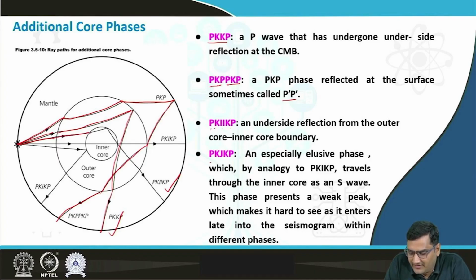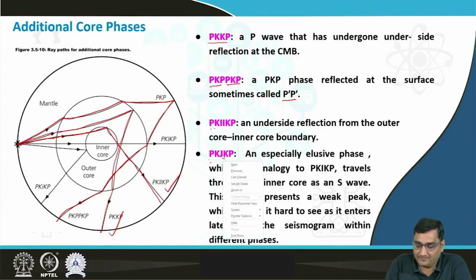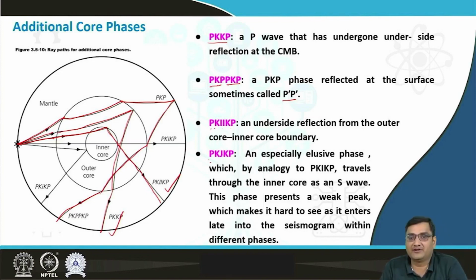As soon as it enters the inner core, it becomes capital I. Then after the reflection from the inner core, outer core boundary, it travels as I again, and then comes out as K, and travels as P in the mantle. That is PKIIKP. There is also the PKJKP phase. The PKJKP phase has a very weak amplitude and it comes very late into your seismogram, so it is very hard to observe.